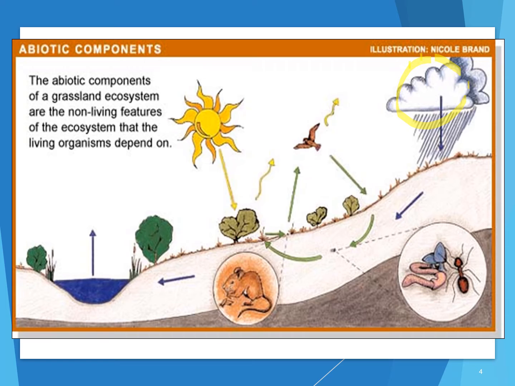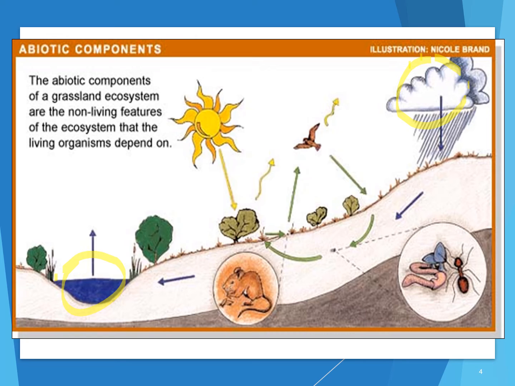Rain or water comes down onto this land here, joins in with the soil, and eventually comes down and runs off into this little pond that we have here. So again, water is a non-living thing that has an effect on the living, or something that the living things depend on. All the living things, animals, all the organisms depend on having water for survival.